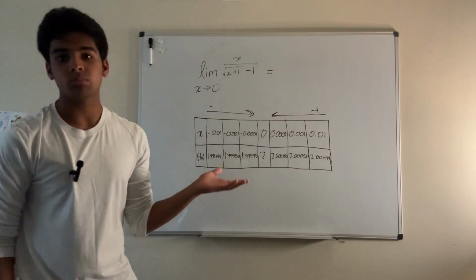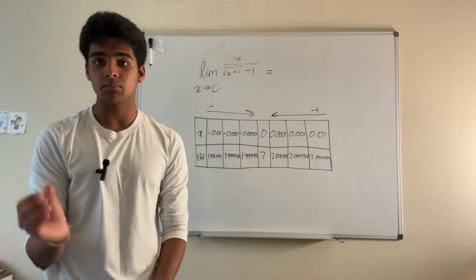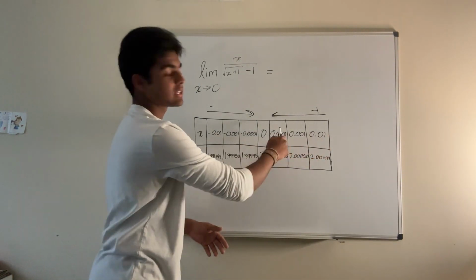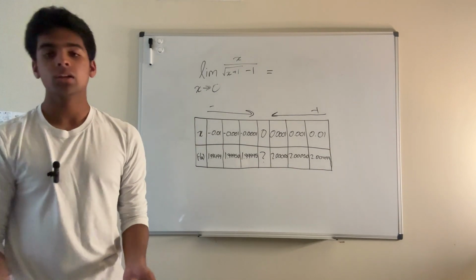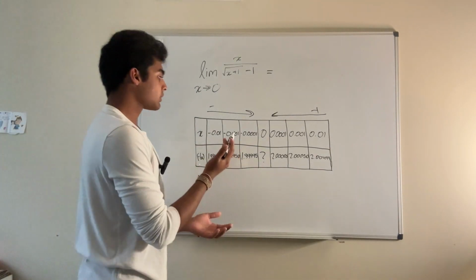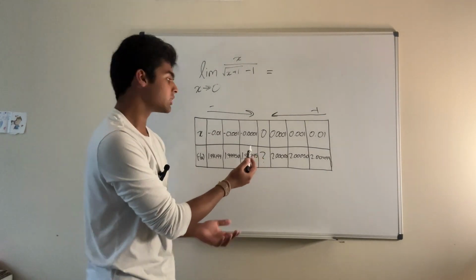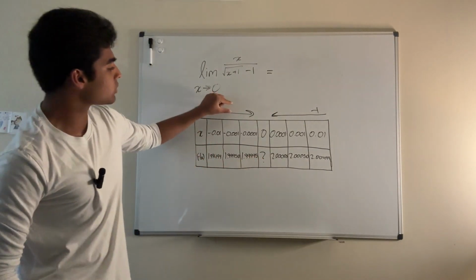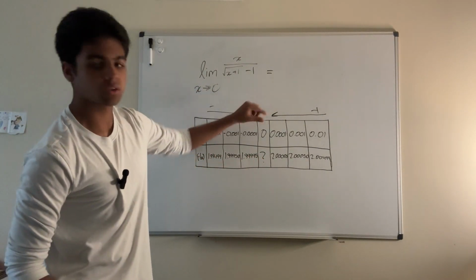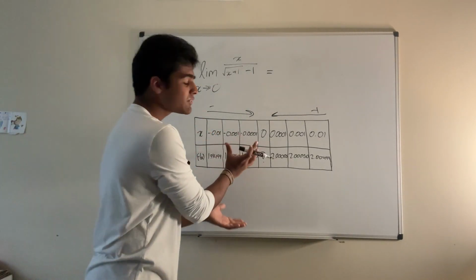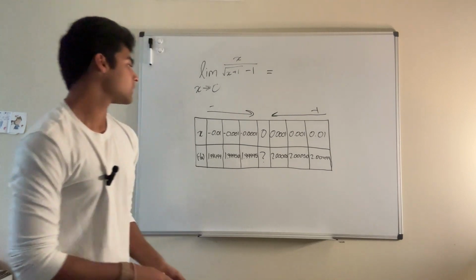Now this is what I mean by limits from the right and limits from the left. This is a limit from the left, and this is a limit from the right. So as you can see, these values really get arbitrarily close to 0. It's not like 3, 2, 1, 0. No, it's really small numbers that get almost infinitely close to 0, okay?